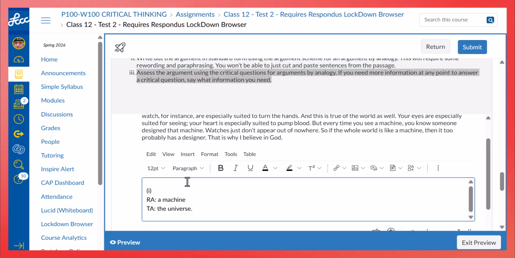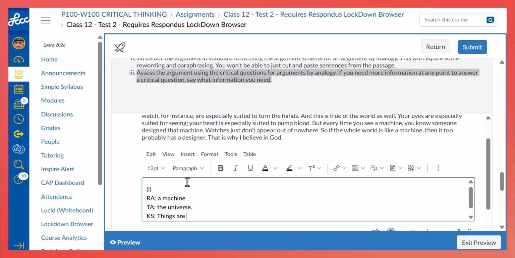That is, the things we know about in this world are machines, watches. And the thing that we want to infer something about is the whole universe. What we know they both have in common, the known similarity, is that things are designed for a purpose.